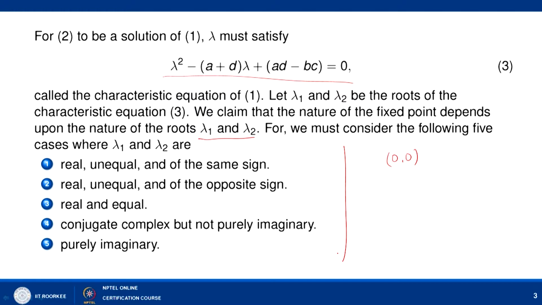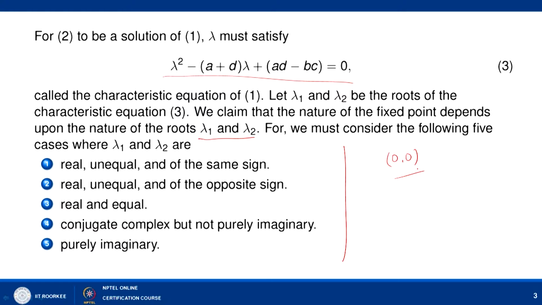So, based on the roots lambda 1 and lambda 2, we have the following 5 cases, and we will consider each and every case, and based on the conditions given in each case, we try to find out the behavior of (0, 0), what kind of critical point it is.